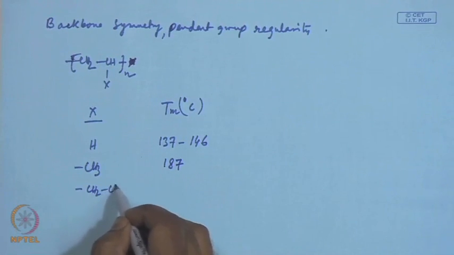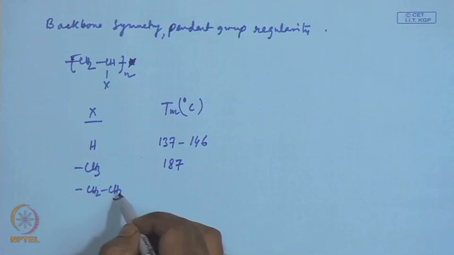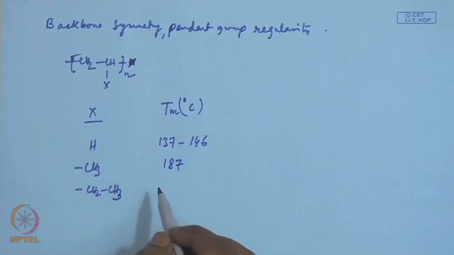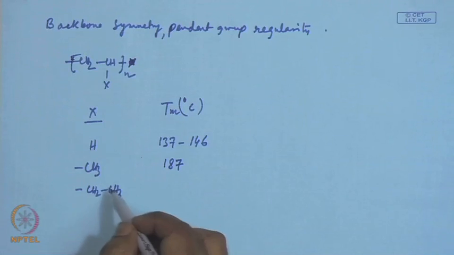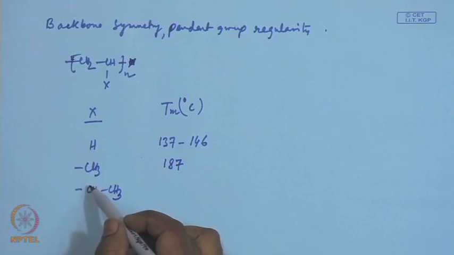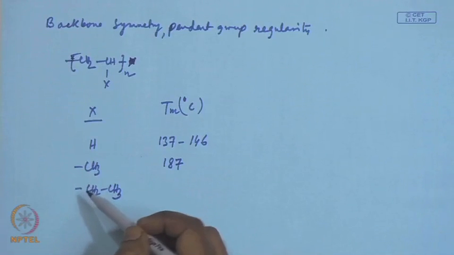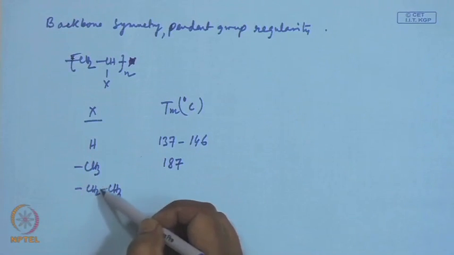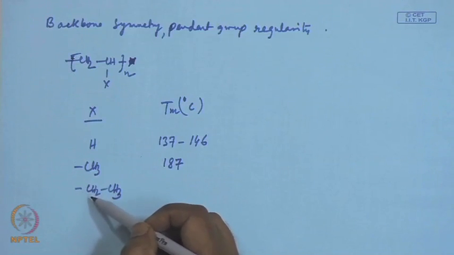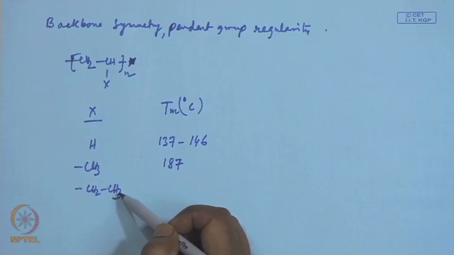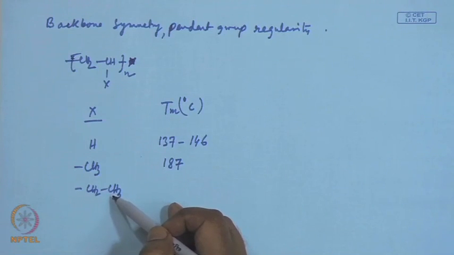But if you increase the length of the side chain, as we have seen in the case of Tg as well, the chain rotation is mainly determined by the first one or two pendant groups. If you have longer pendant groups, it actually plasticizes the polymer molecules by increasing the free volume.